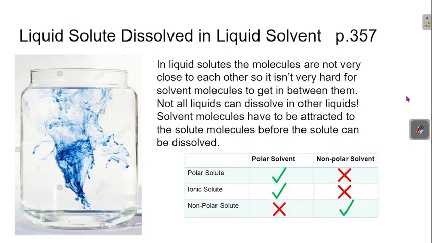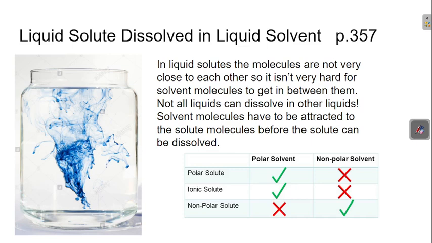Now, how about liquids dissolving in other liquids? So, a liquid solute dissolving in a liquid solvent. You already know that when you have a liquid, those atoms and molecules are farther apart than in a solid. There's also more energy in a liquid than in a solid. So it's easier for a liquid solute to dissolve in a liquid solvent.